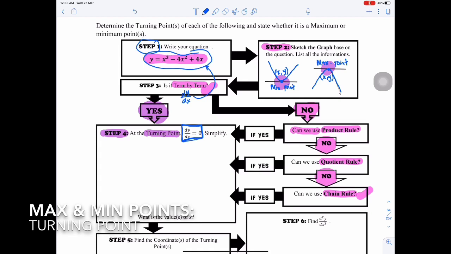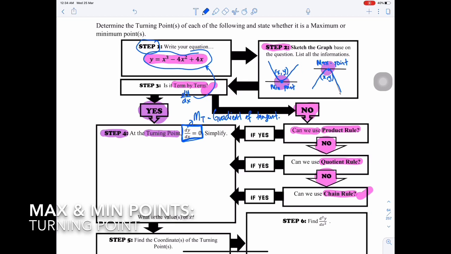In other words, dy/dx is actually the gradient of the tangent. So you have to differentiate the equation and then simplify.